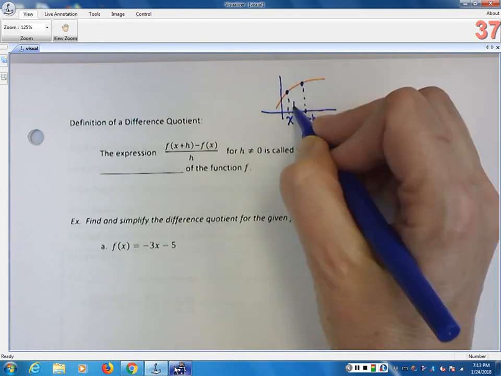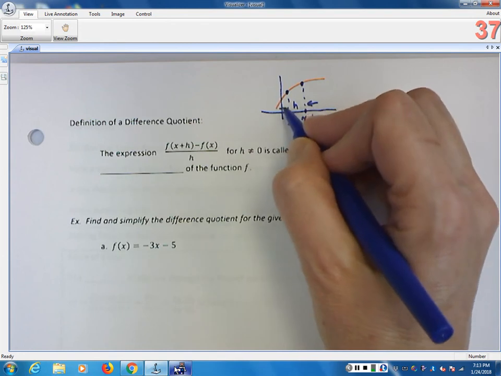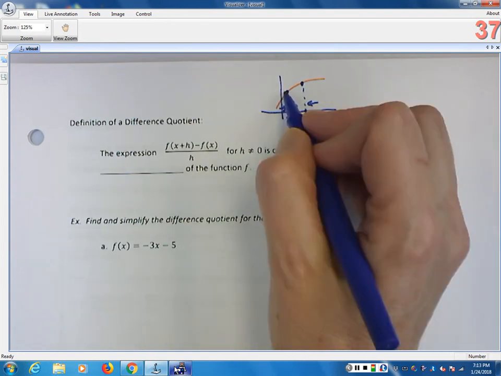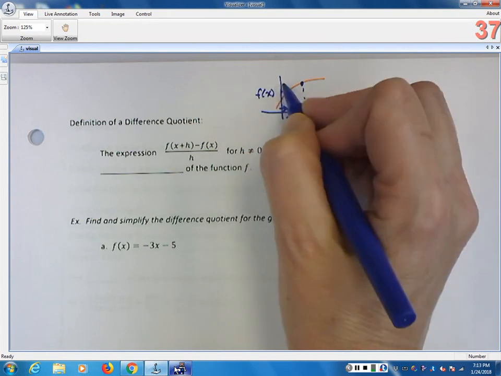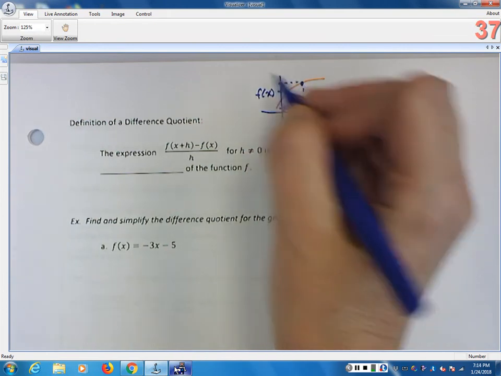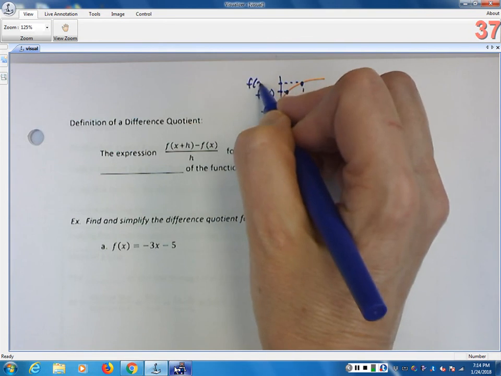So this little distance here is h. And then this is going to be f of x on the y-axis, and right here is f of x plus h.